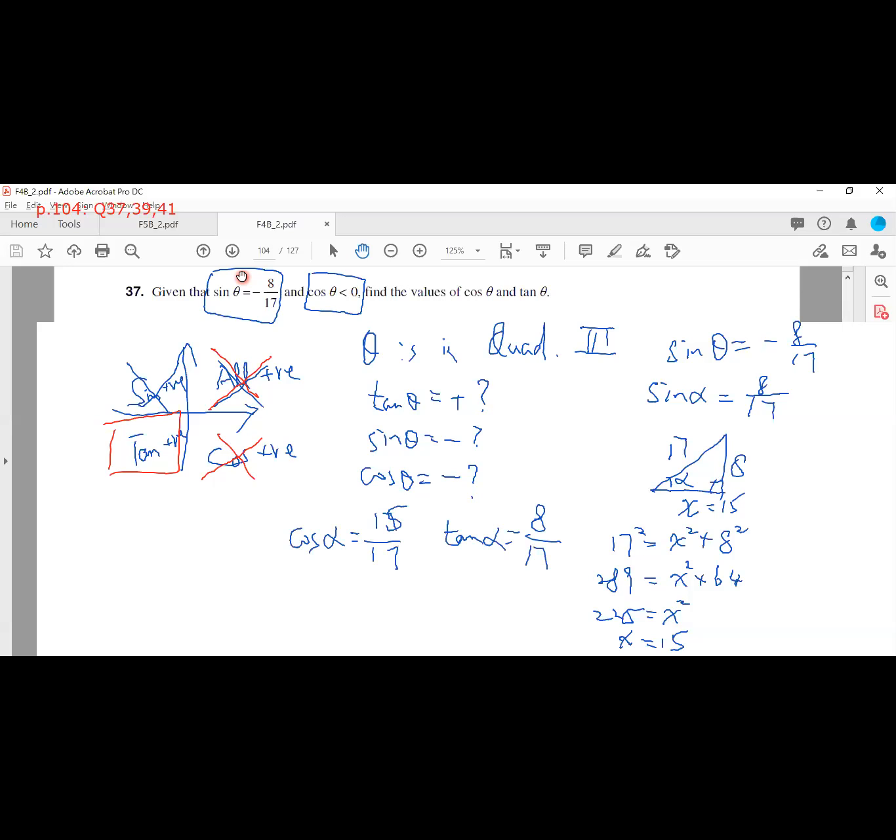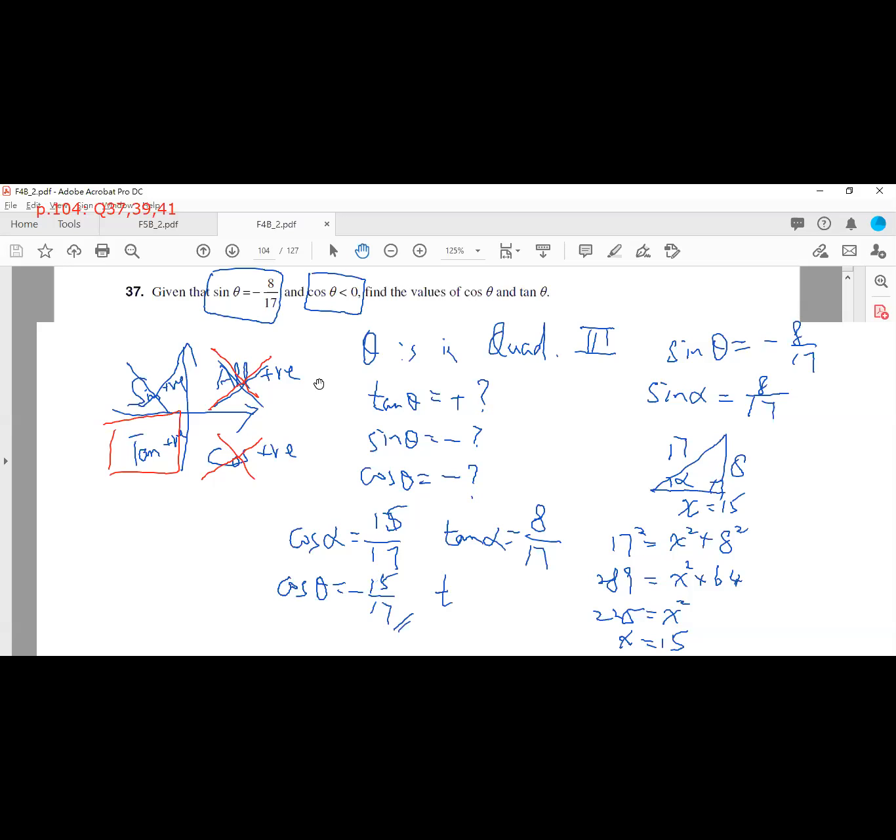But the question asks us to find cosine theta and tangent theta. And we have already found that cosine theta is a negative number. The negative what? That will be this number, 15/17. So negative 15/17 is the answer of cosine theta.